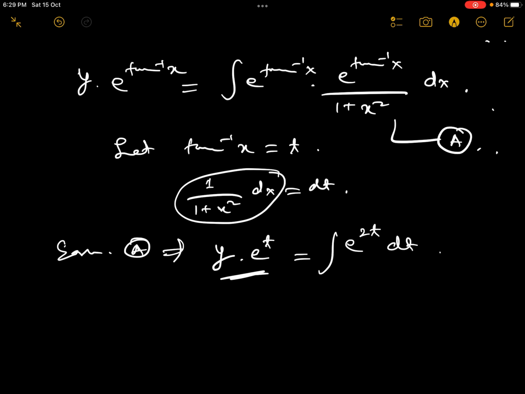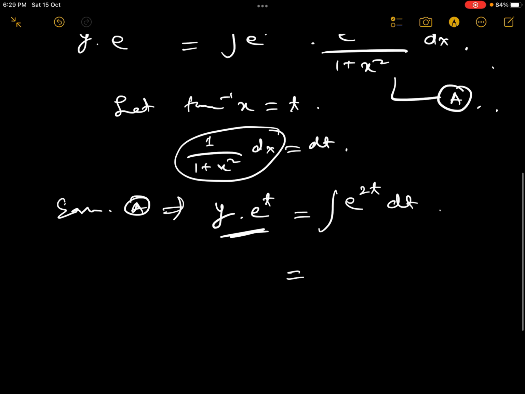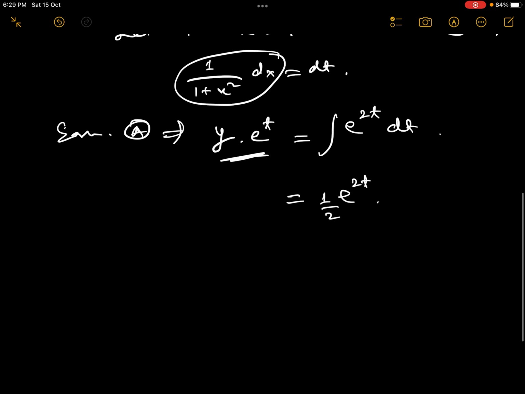Yes, this part, no integration. This is e power t times t, integrated, and then we should divide it by this. Am I right? e power t, yeah. And y is equal to 1 upon 2 e power t, right?